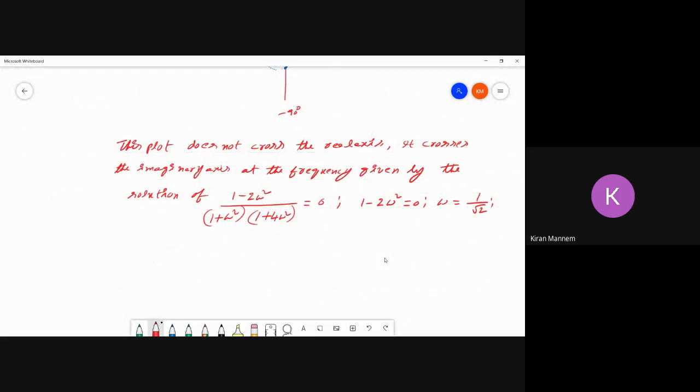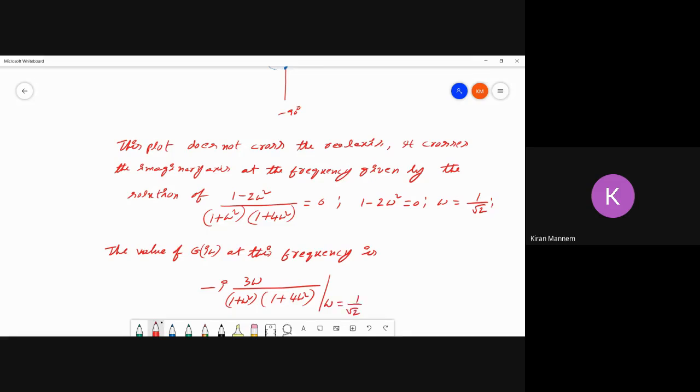So here I will write the value of G of j omega, and the real term is 0 at this frequency, is minus j into 3 omega by (1 plus omega square) into (1 plus 4 omega square) at omega equal to 1 by root 2, right?